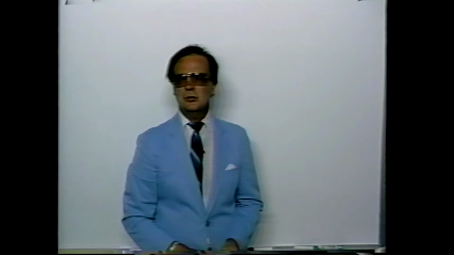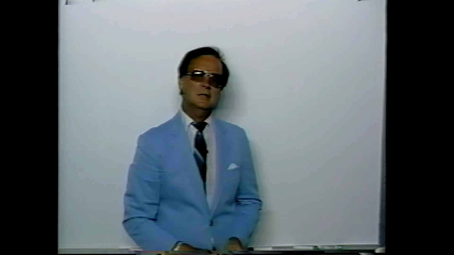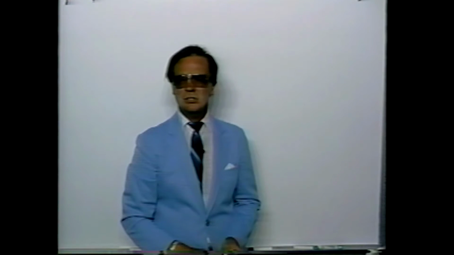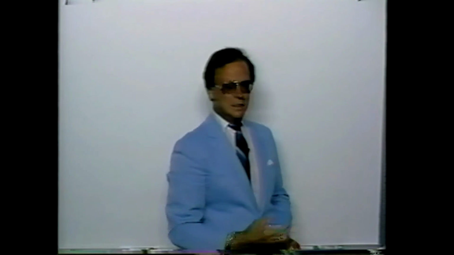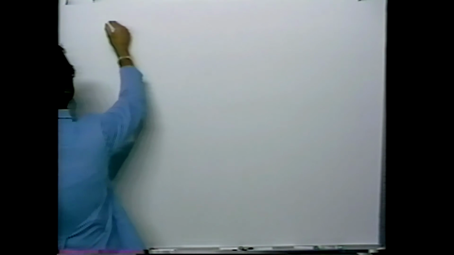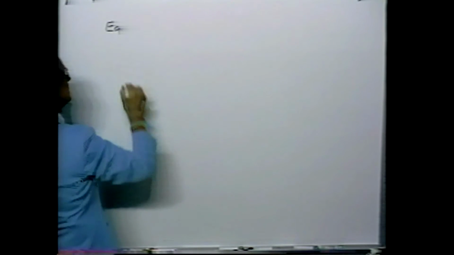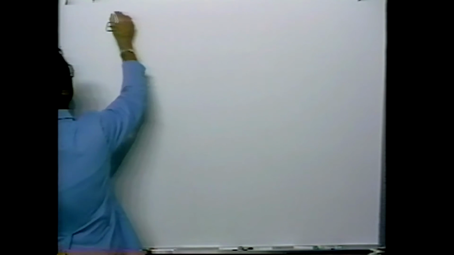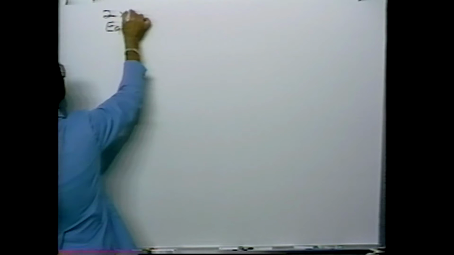I will now show you how using the operations I've just described on systems will lead to its solution. We'll begin with a 2x2 system. The simplest system that we deal with.